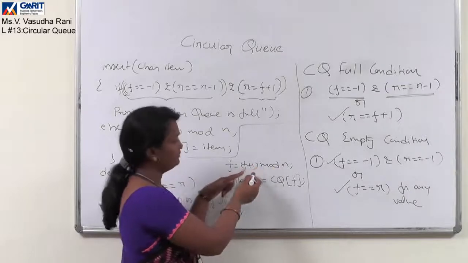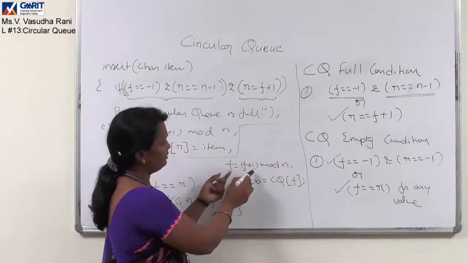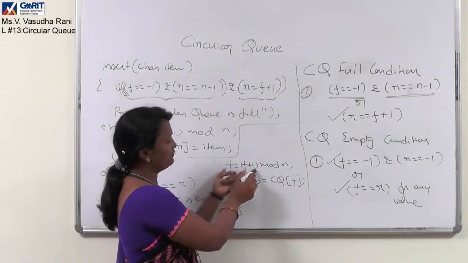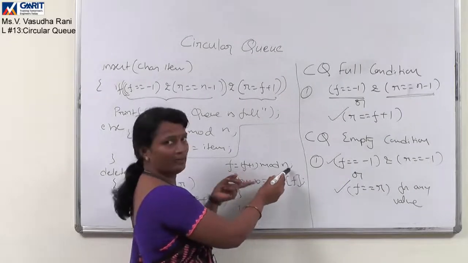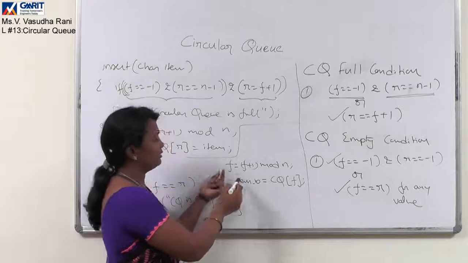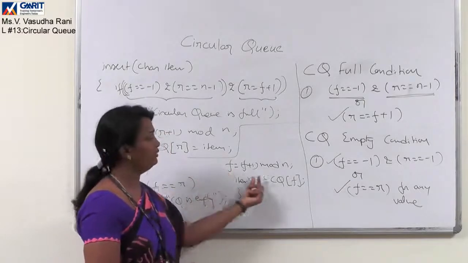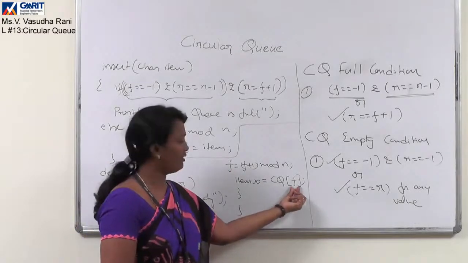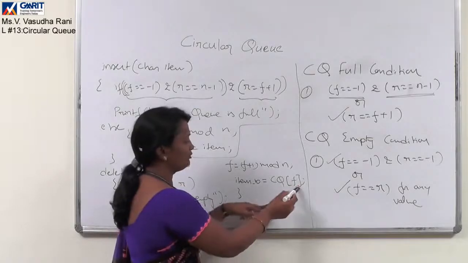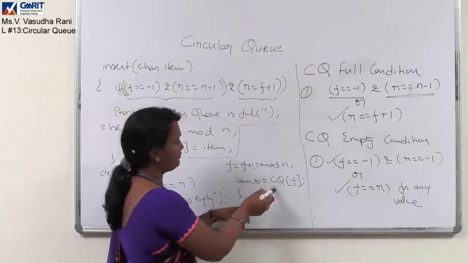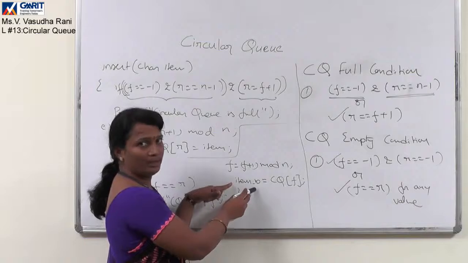That you understand here. For that particular f value, whatever value is in that location, CQ of that particular f index, that we are passing to the item to be deleted.